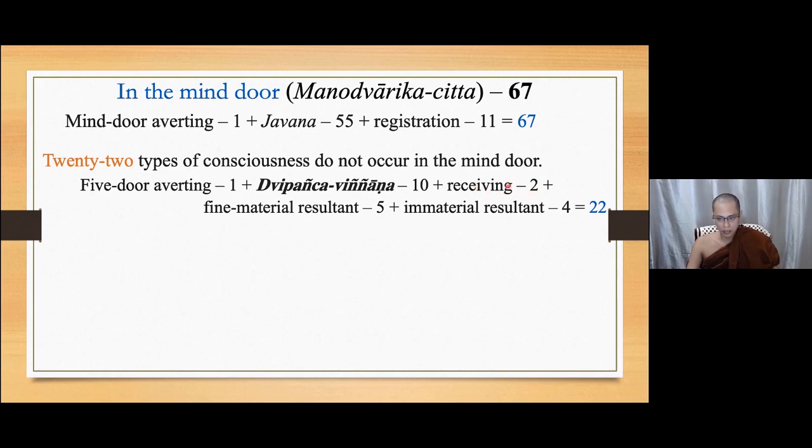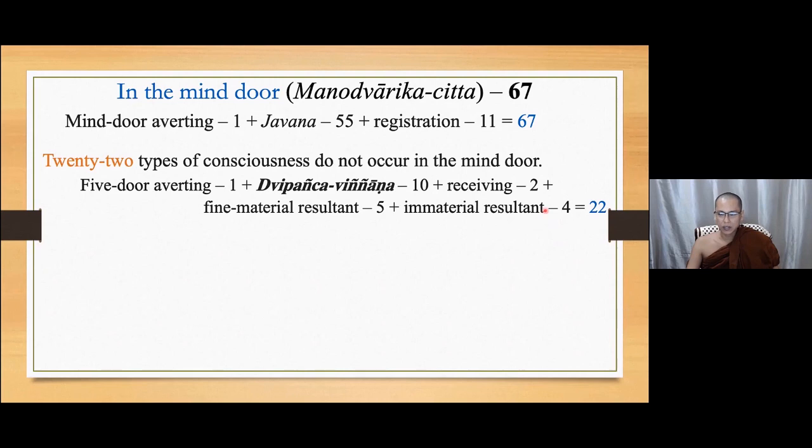That is why these 2 also cannot arise in the mind door. Then 5 fine-material resultants and 4 immaterial resultants.